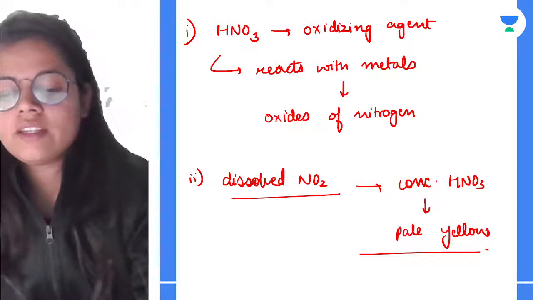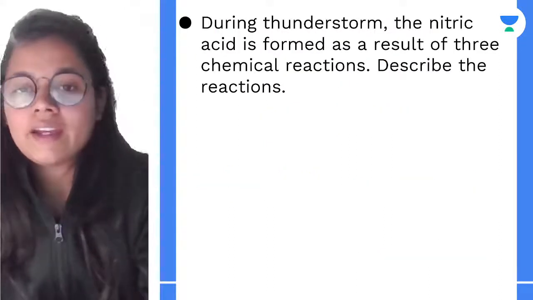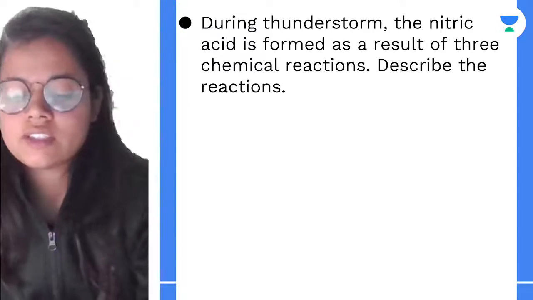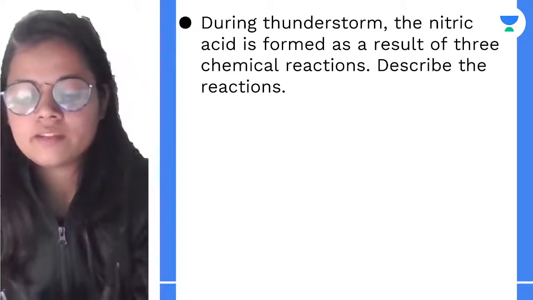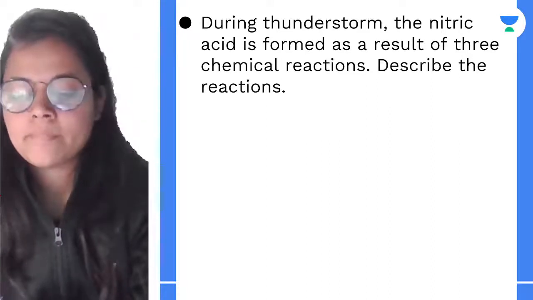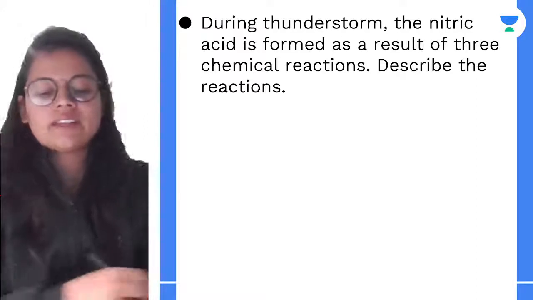Moving on to the next question. During thunderstorms, nitric acid is formed. We just now discussed it. So can anybody tell me what reactions take place? What happens during thunderstorms? How is nitric acid formed?